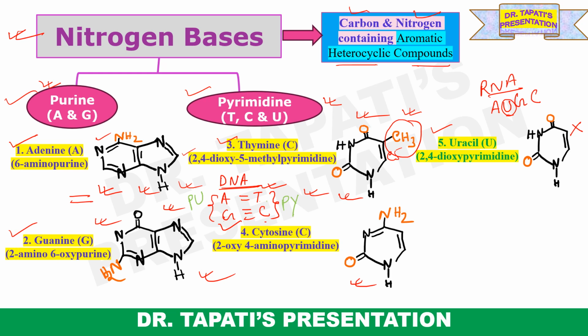AT purine pyrimidine and GC purine pyrimidine, and obviously uracil comes under pyrimidine. So in this way, total 5 nitrogen bases are there: adenine, guanine, thymine, cytosine, and uracil.